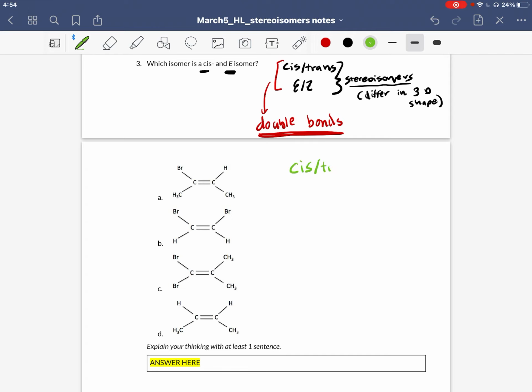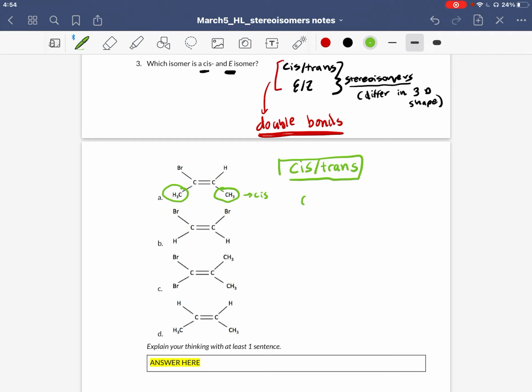Well, you can only use cis and trans to describe really particular situations. When I have, for example, the same substituent on the same side of the double bond, we refer to that as cis.